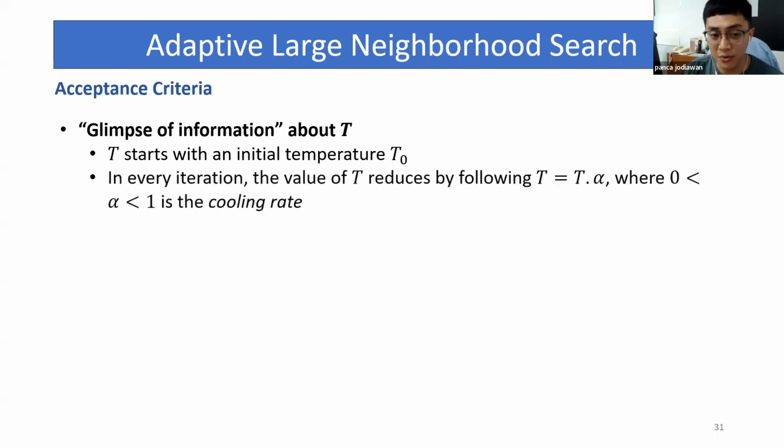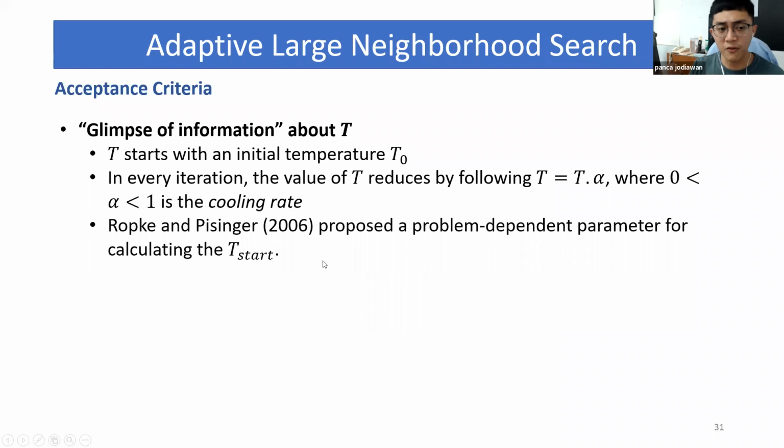In every iteration, the value of T reduces. It doesn't increase, it reduces by the following formulation: T equals T times alpha, where alpha is the cooling rate, and the value of alpha is a parameter, part of the ALNS parameters. So it will be determined in the parameter tuning.